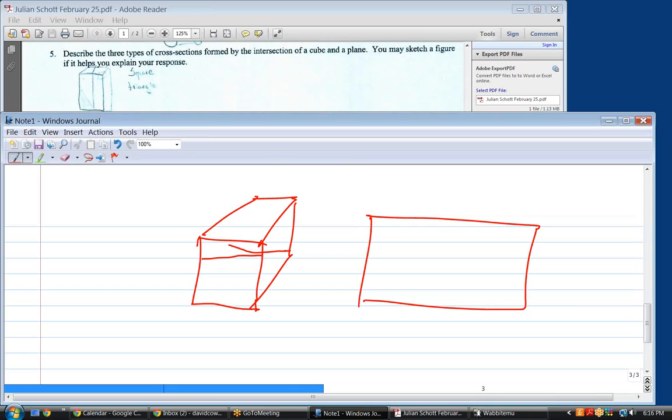Because of the angle. In other words, the angle is such that all 4 sides would not be equal. They wouldn't be able to, because you're going at an angle, the hypotenuse has to be the biggest side. So the rectangle is the third there.